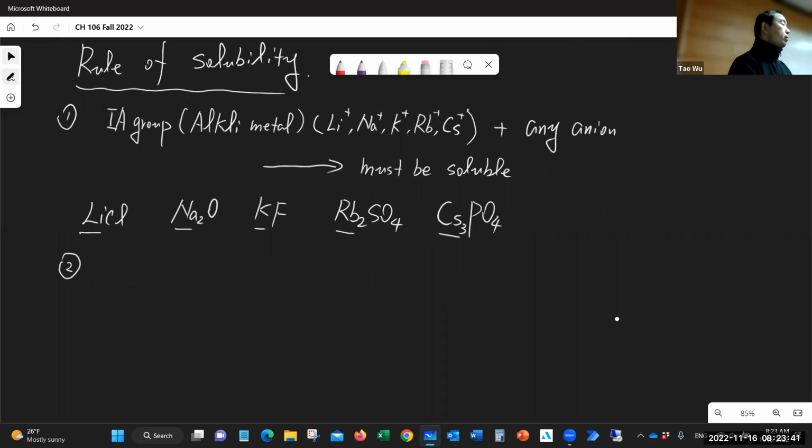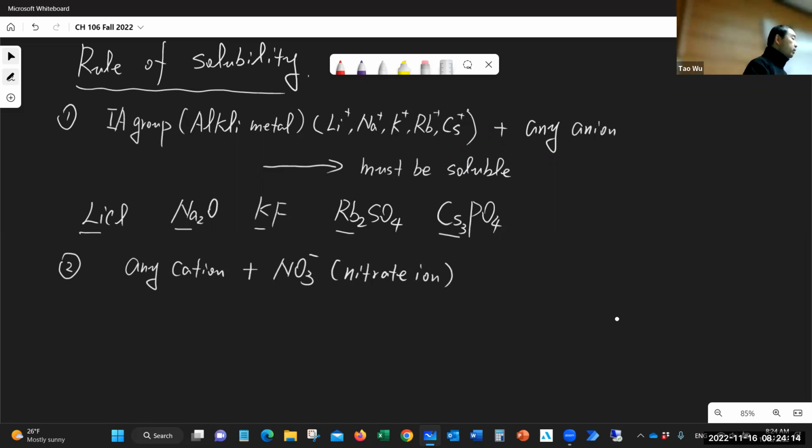Rule number 2, let's talk about nitrate ions. If you see the formula, if you have any of the cations plus the nitrate ion, then those are soluble.